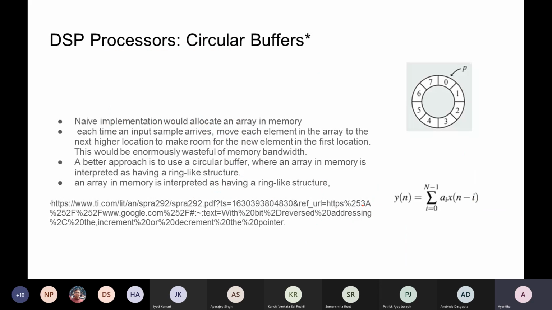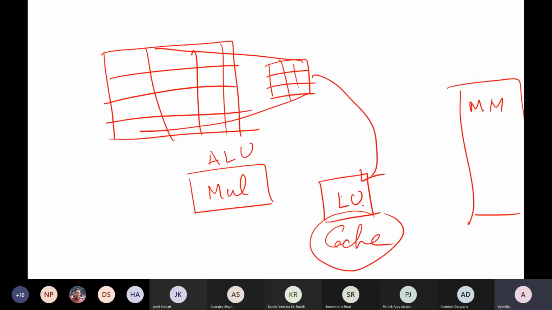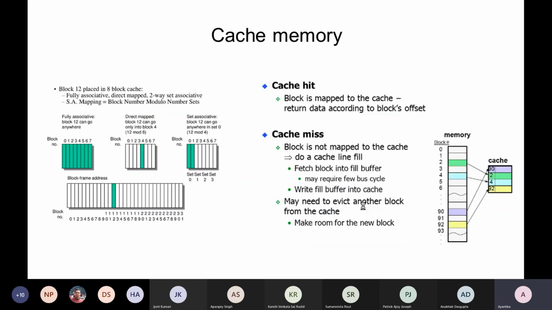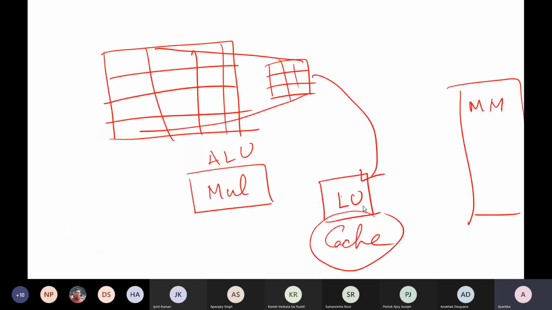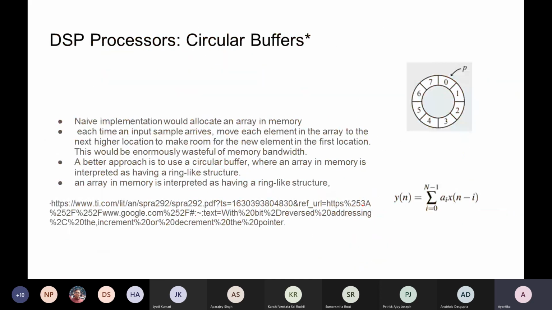Whatever we have discussed so far, this cache memory or this type of DMA processors, you can find in other types of processors also, because these are very meaningful whenever we are trying to do something repeatedly, or use some inputs repeatedly, or we have some application that requires transferring data directly from IO to the processor.